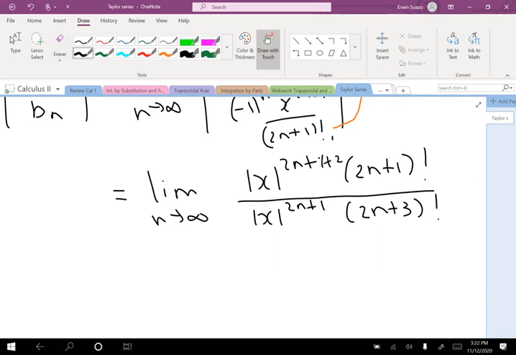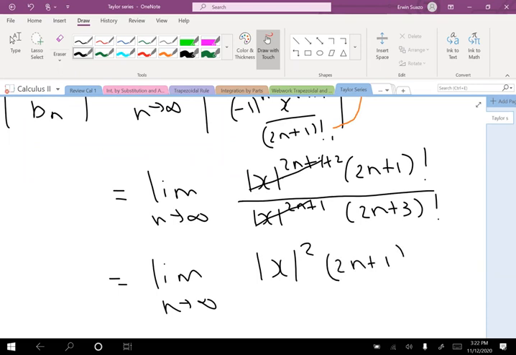So therefore, the x to the 2n plus 1 with this x to the n plus 1, they cancel. And I have the limit as n goes to infinity of x squared times (2n plus 1) factorial divided by (2n plus 3) factorial.